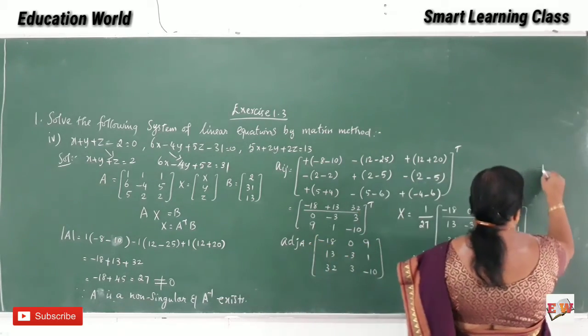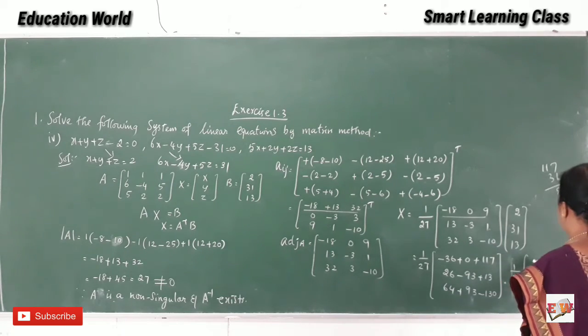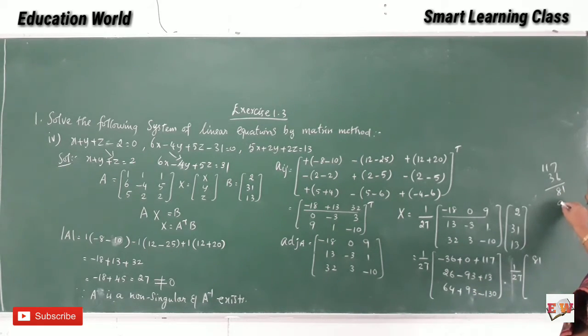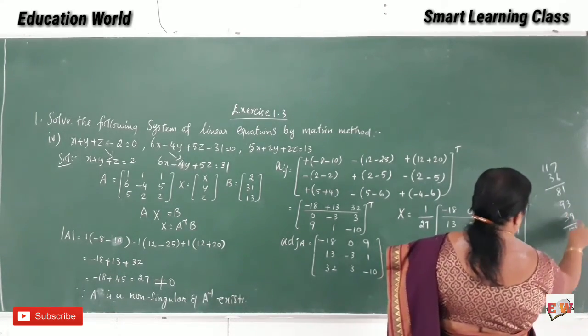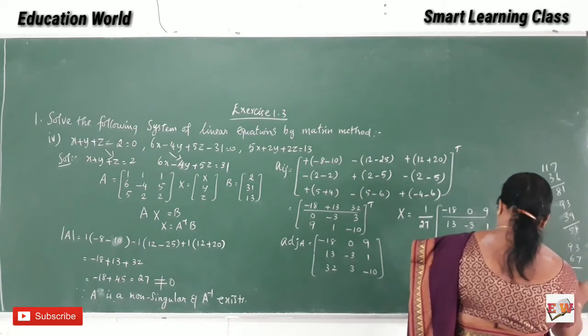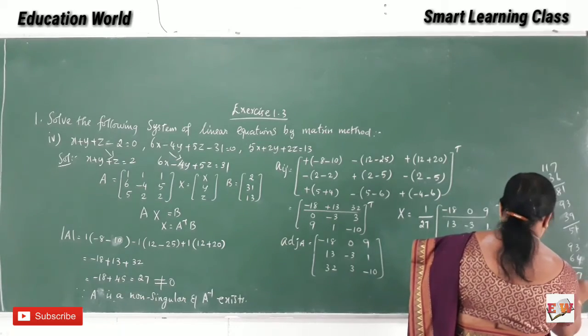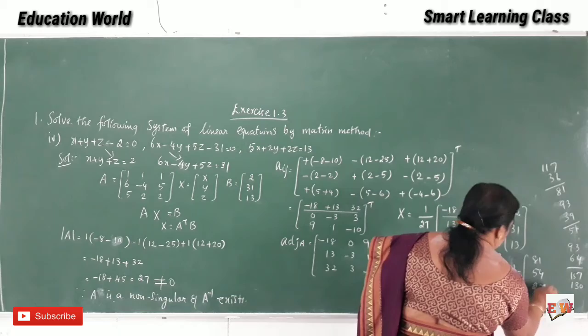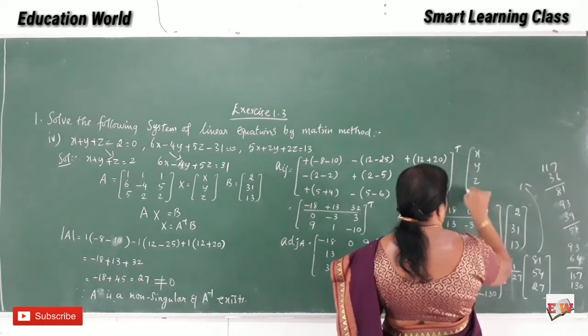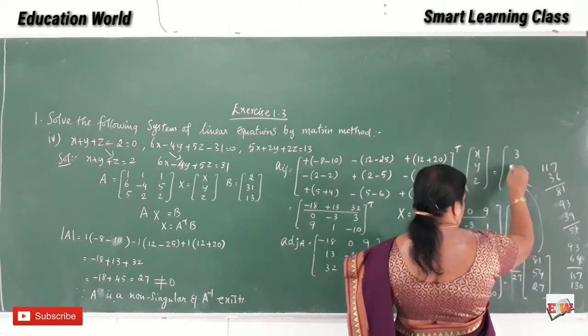Multiplying this 1 by 27, we get the value of x, y, z is equal to 3, 2, 1.